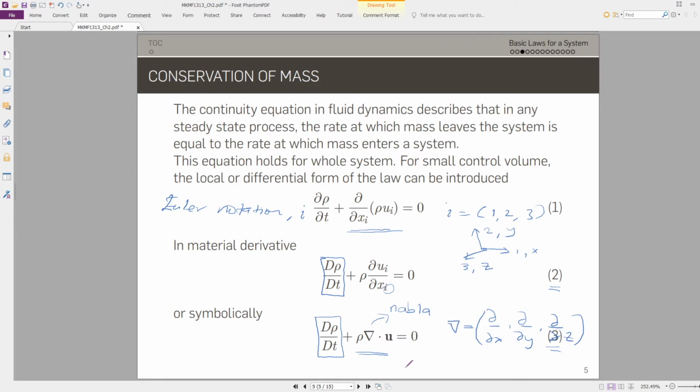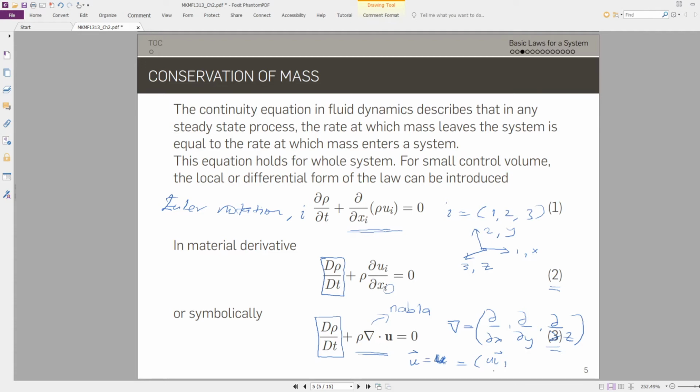And we have capital U, the bold U, to replace the index notation u, which is similar to u with a vector symbol on top of it, which are actually very similar. So we can write this in terms of u with the direction i.